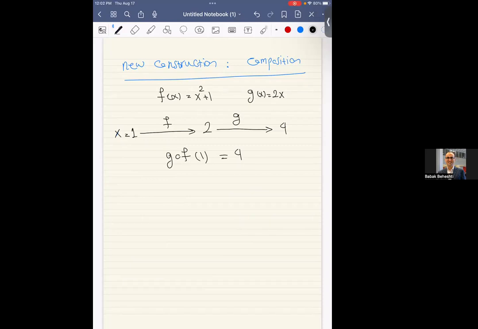So what if x equals 3? So f takes 3 to 10, right? And then g immediately acts on 10, you get 20. So then we say g o f of 3 is equal to 20.